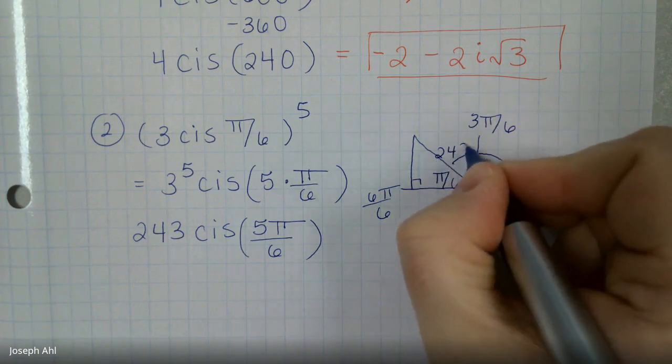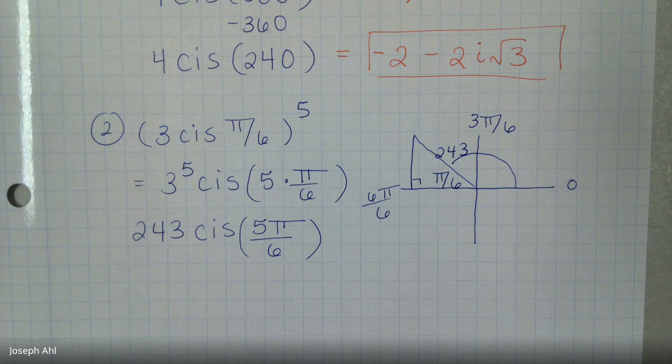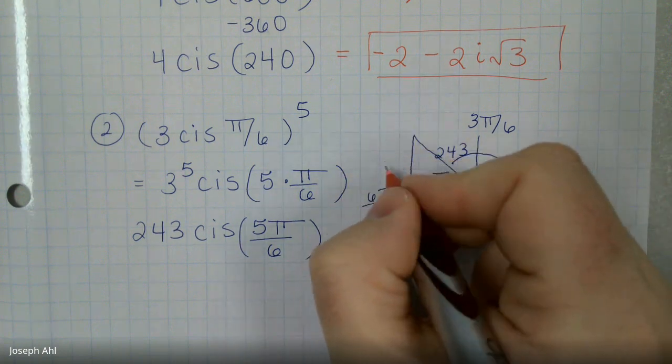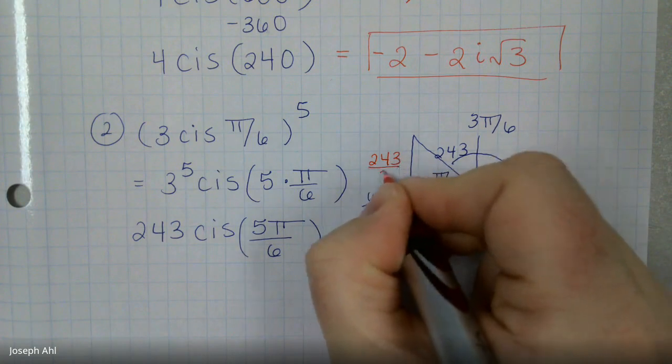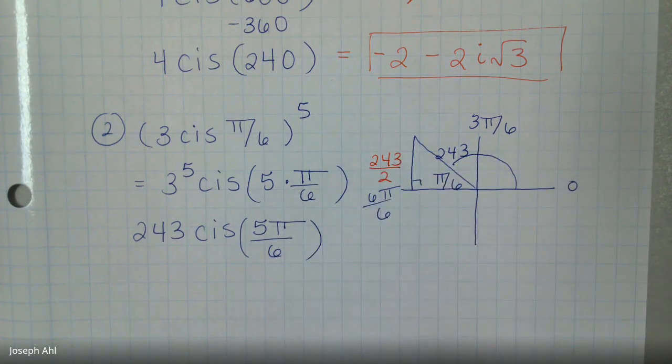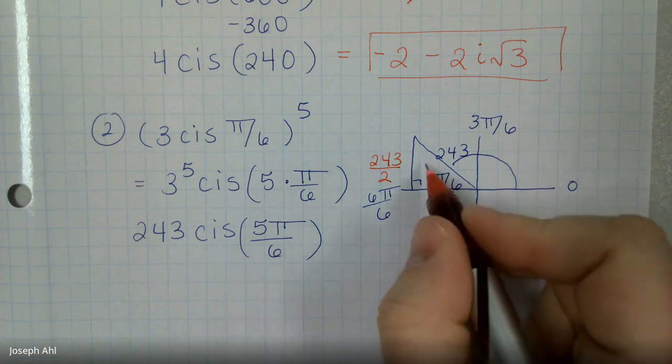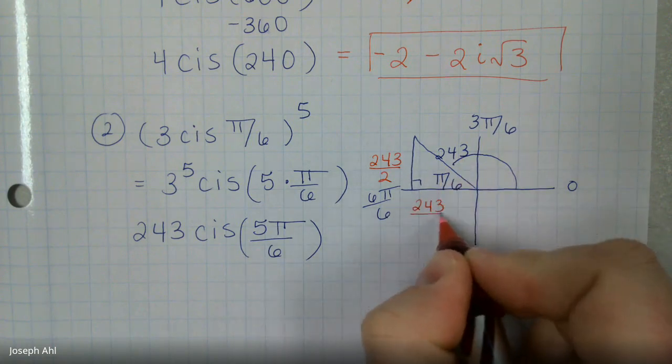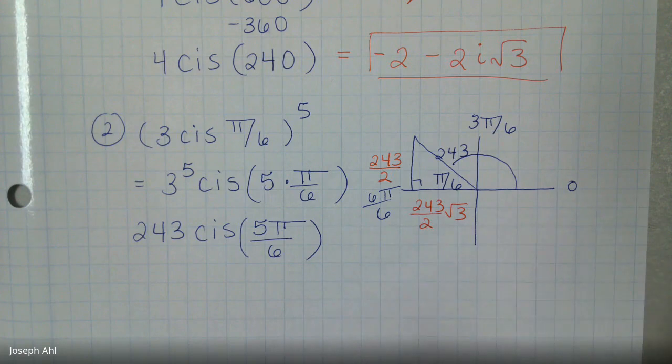And then 243 is what goes on the hypotenuse, kind of a large number there. But we know the pattern from here: across from 30 is half of that 243. Well, half of 243 is a decimal, but I'm just going to leave it as the fraction 243 over 2. It's kind of a weird number, but we'll just go with it. And then across from 60 is 243 over 2 radical 3.